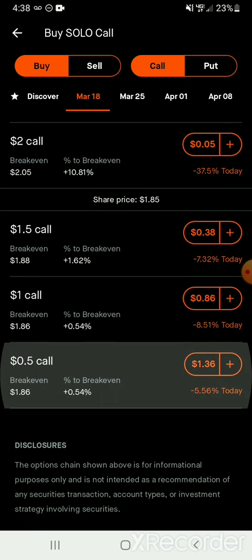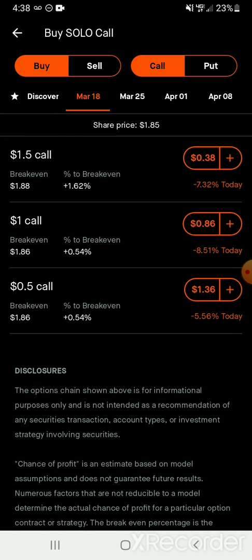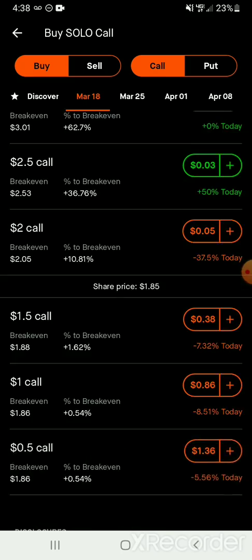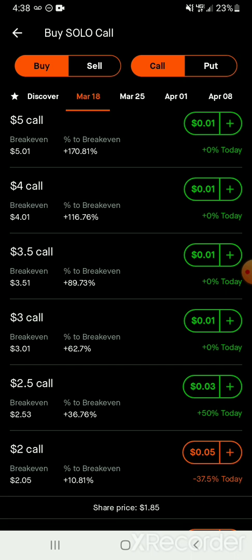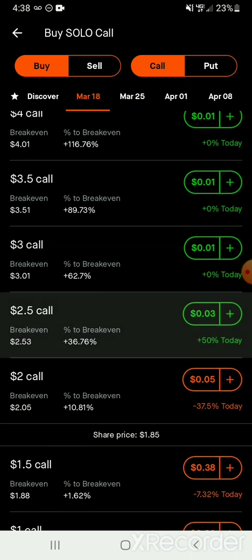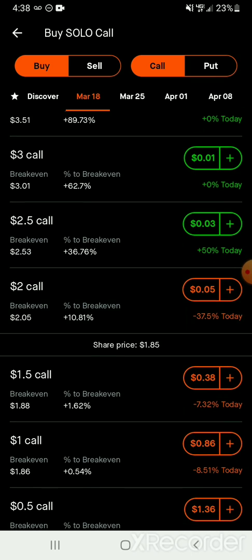And the contracts below that share price are what they call in the money contracts, and the options above the share price are what they call out of the money contracts. Now, I think with Webull, the order is the opposite.